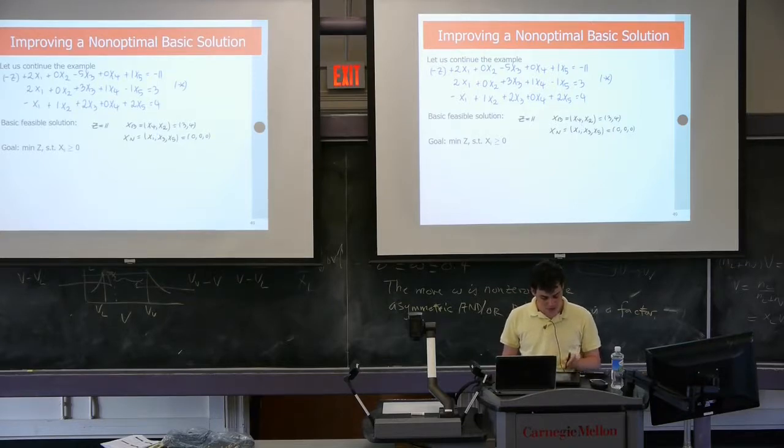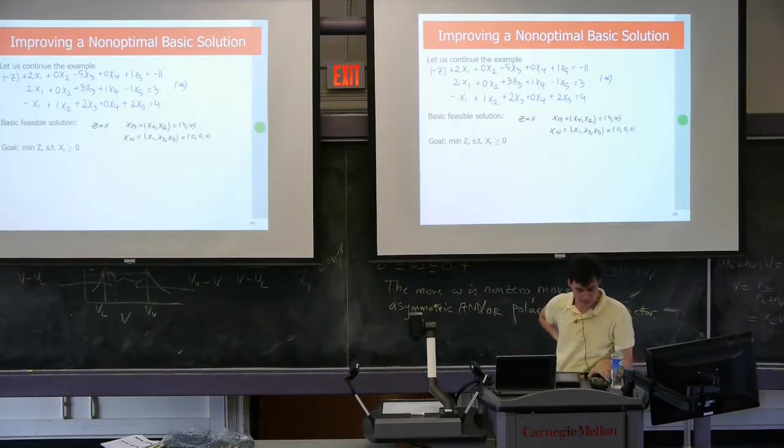And our goal is to minimize z such that xi is non-negative. Okay, so now I think it's time to have a 5-minute break, and this is where we are going to continue the second part. Meanwhile, you can think about how to minimize z.